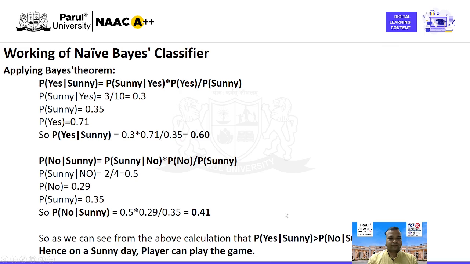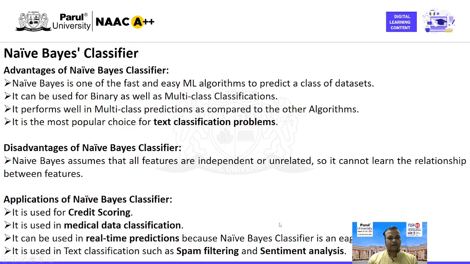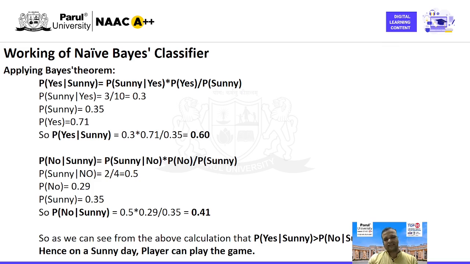Okay, so that is the concept of Naive Bayes classifier. That is the basic example to understand how Naive Bayes classifier works. Because whenever you do programming on any tool, you just import the Naive Bayes classifier. So firstly we need to know how it works.